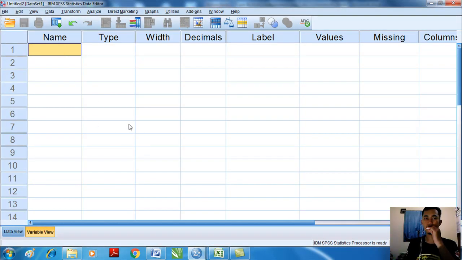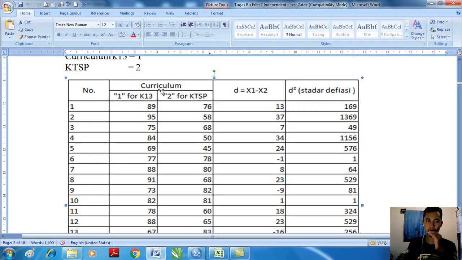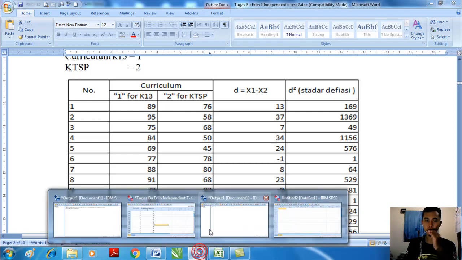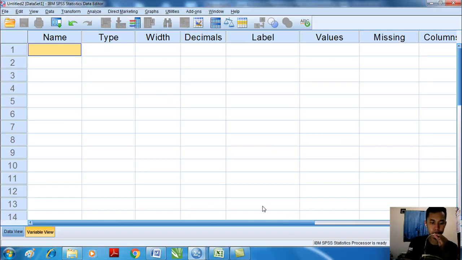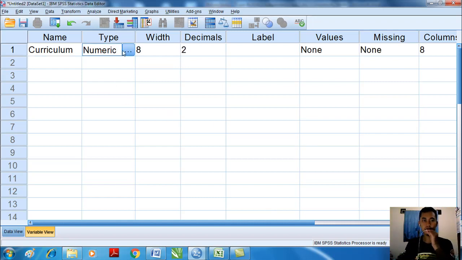First, type curriculum. You write curriculum first, and then come to the decimal, change it to 0, and the label, type curriculum.